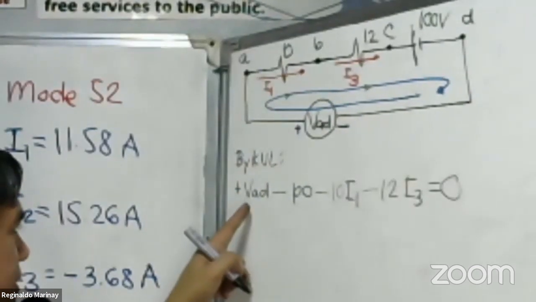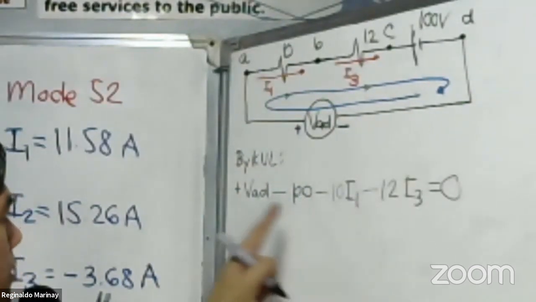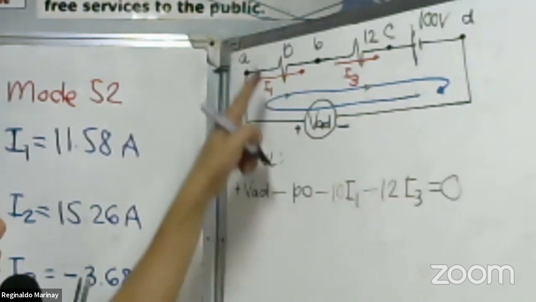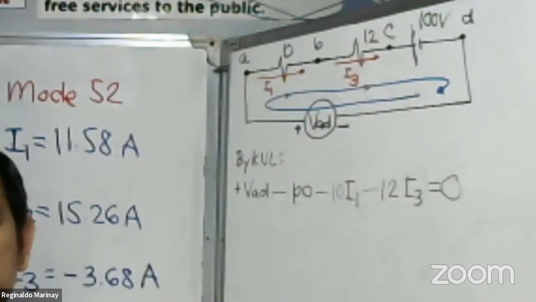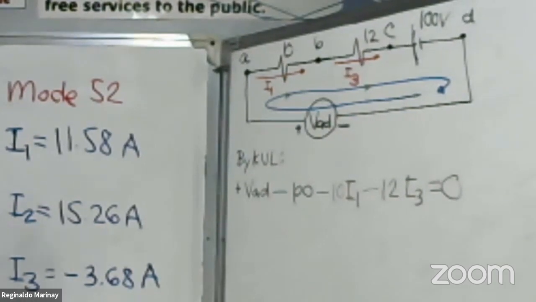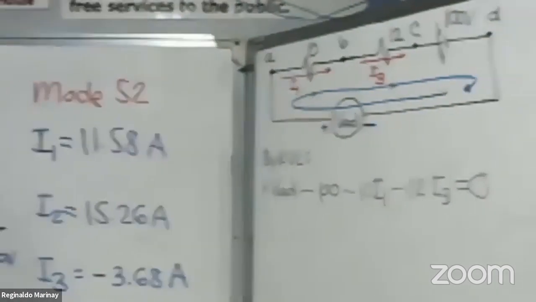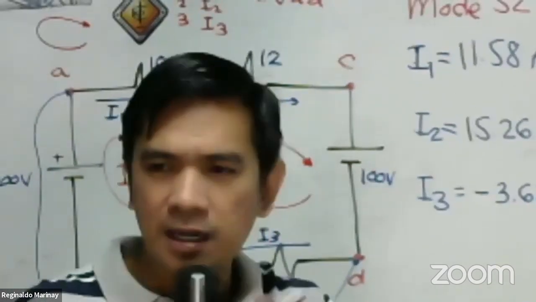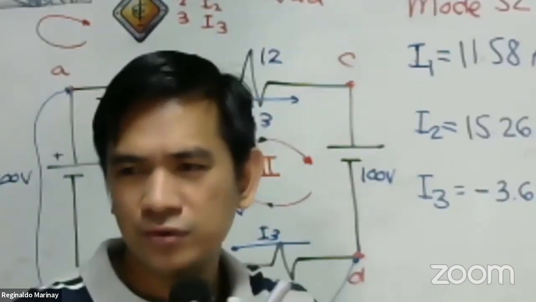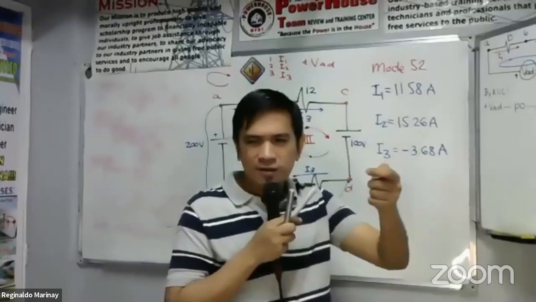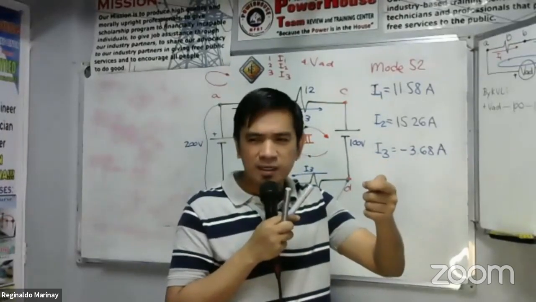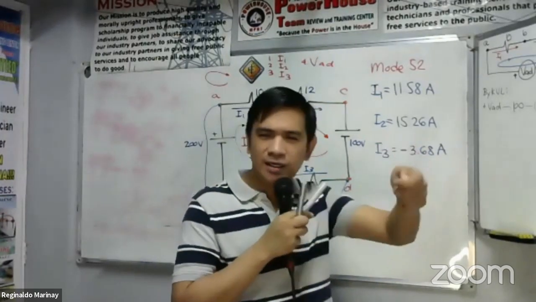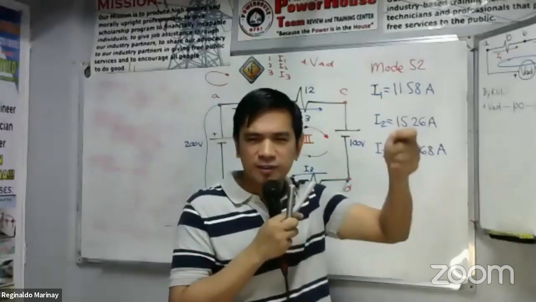There are how many terms? 1, 2, 3, 4. Okay. Meaning it's complete. Because when I was a student, I always see to it that I'm checking my work. When I lock the padlock of our door, I see to it that I double check it or triple check it.